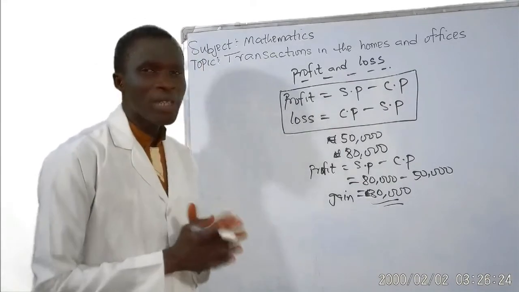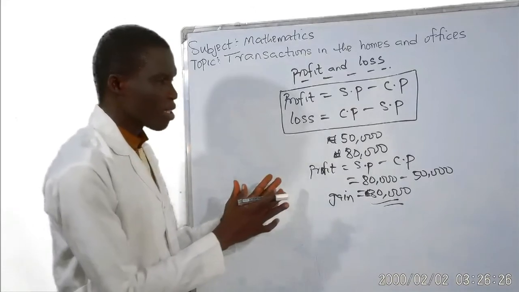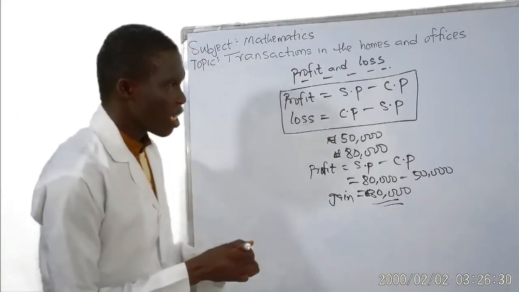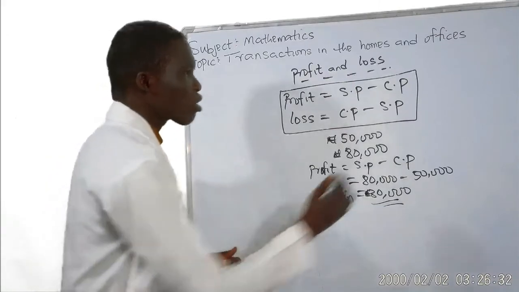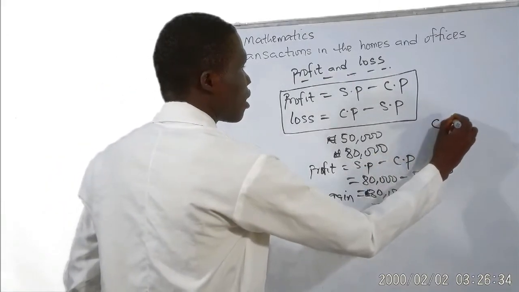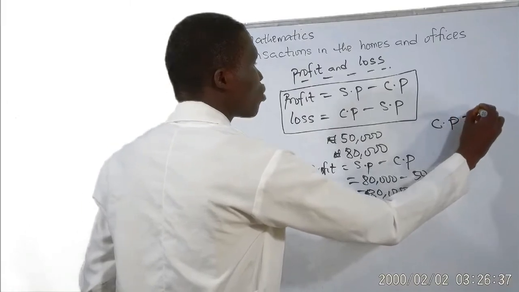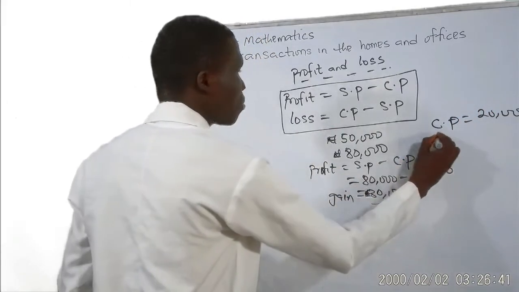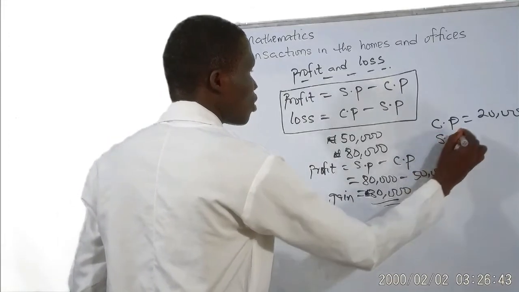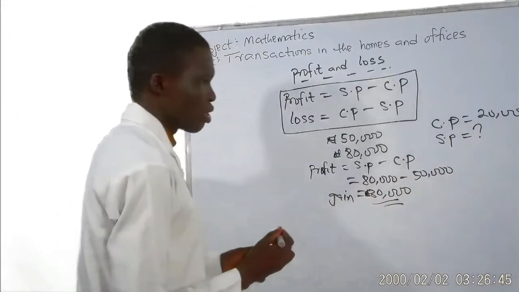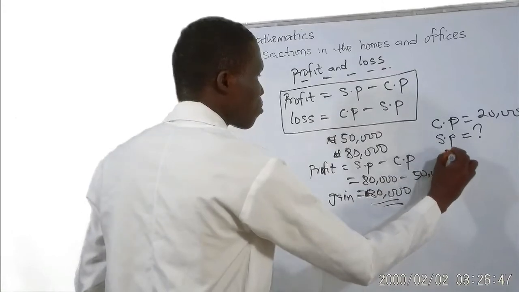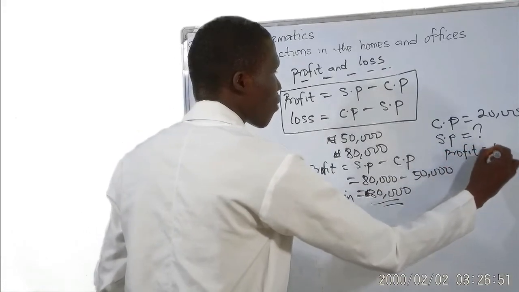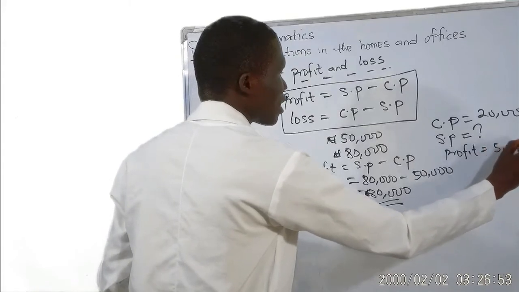But do you know that under this topic, you can twist the equation? Let's say, for instance, you have cost price to be 20,000 naira and selling price to be your question, and let's say you make profit of 5,000 naira.